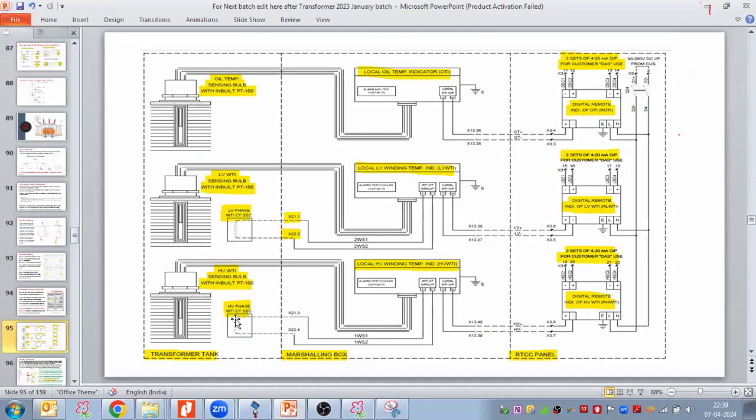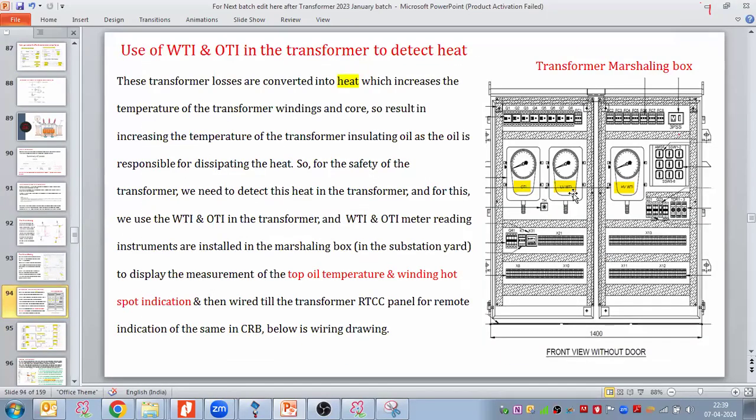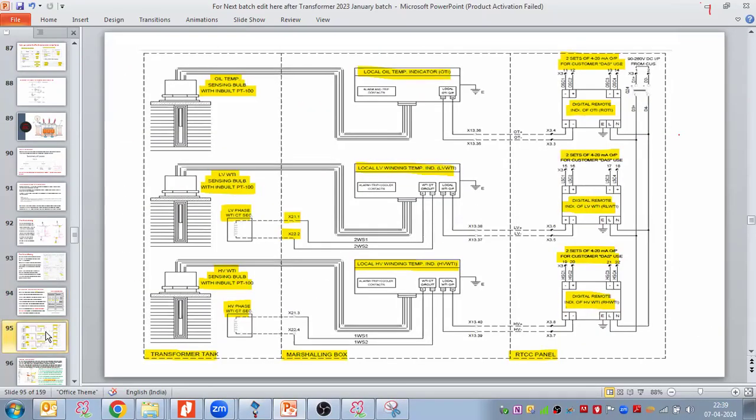Here we have local indications, but each and every time the operator cannot come near the transformer marshalling box to check the temperature. So we require a remote indication as well. For the remote indications, we do the cabling from the marshalling box to the RTCC panel.